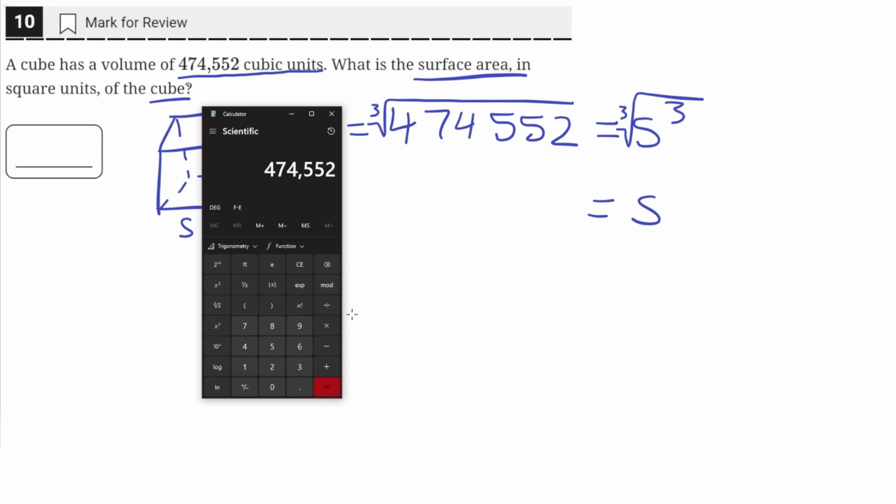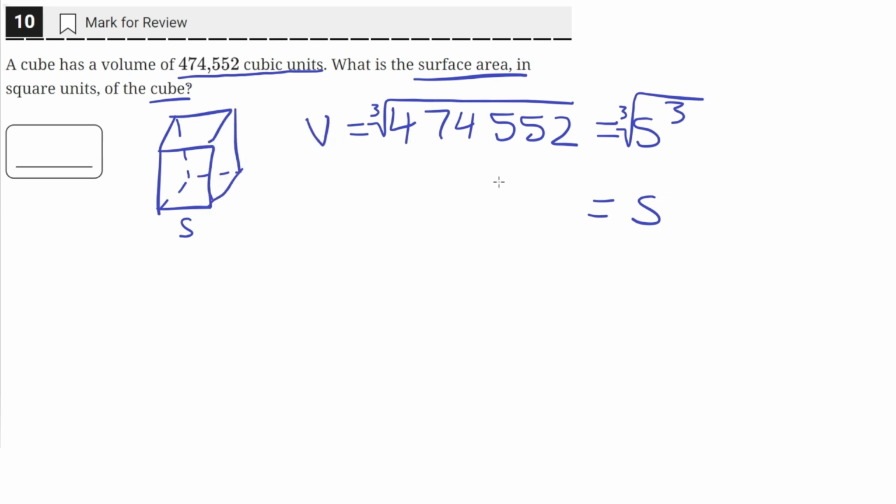That's basically like raising it to the power of 1 divided by 3. And that's just equal to 78. So the cube root of 474,552 is just 78. So that means each side has a length of 78 units.